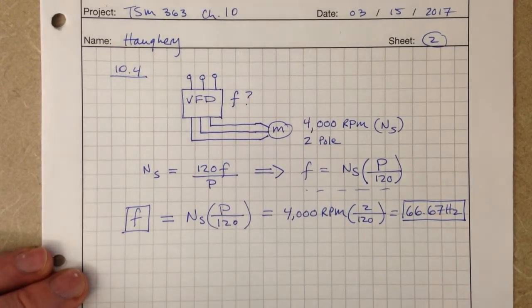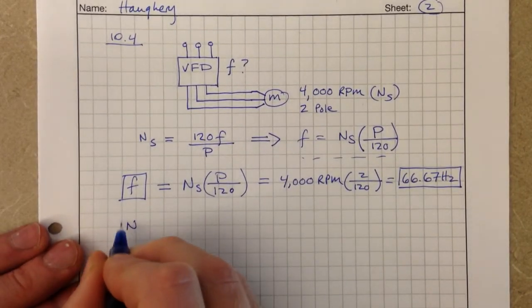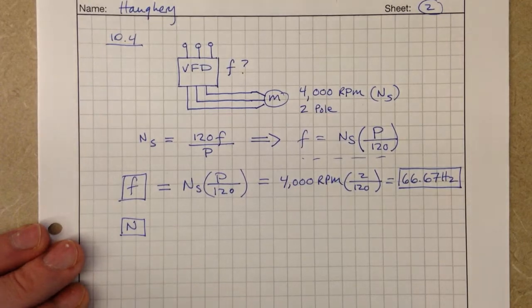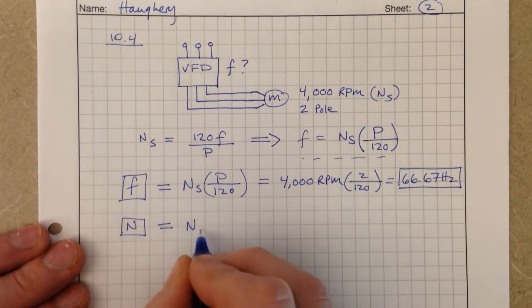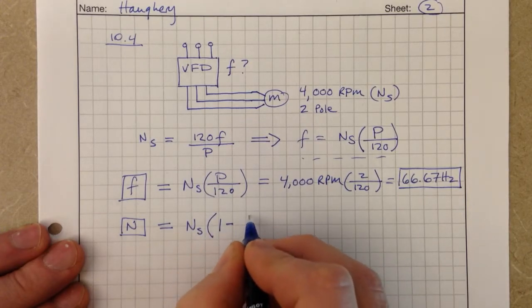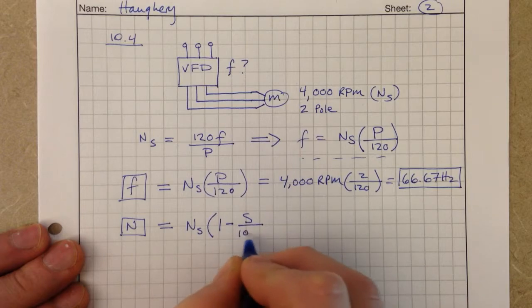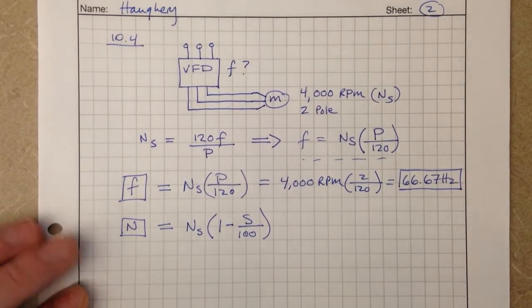If we would want to determine now what is the actual rotor speed, what is N? So what's N for this motor? How fast is the rotor spinning? We can pull out our N equals synchronous speed times 1 minus slip divided by 100 equation. And we can work this through.